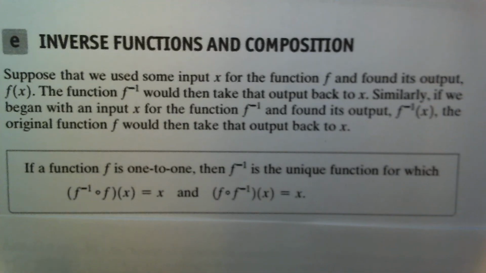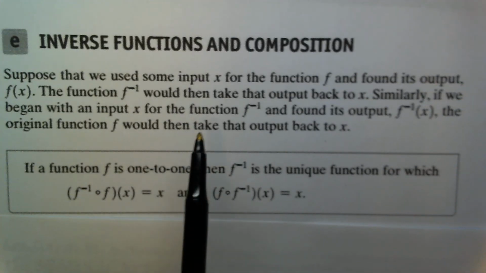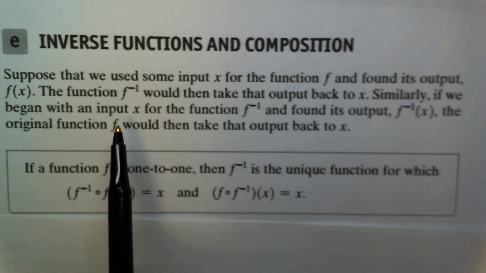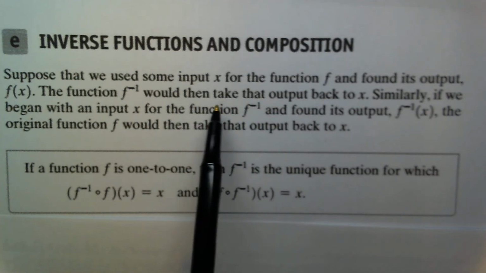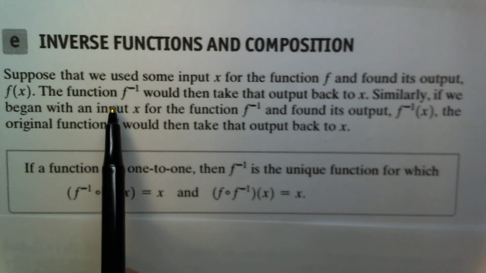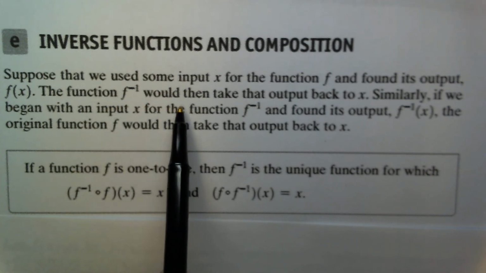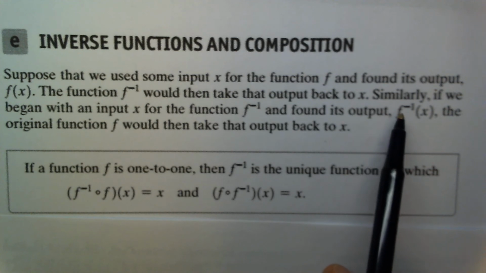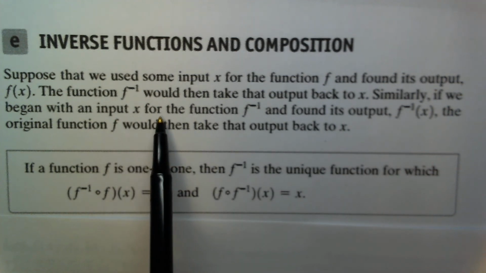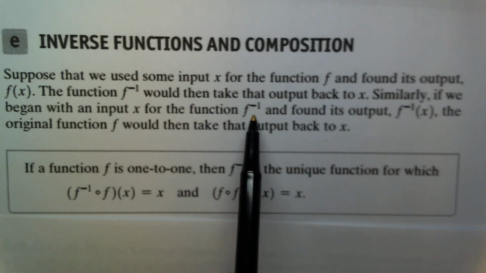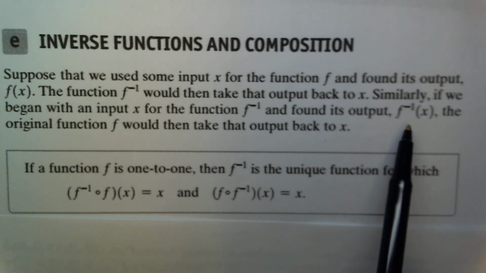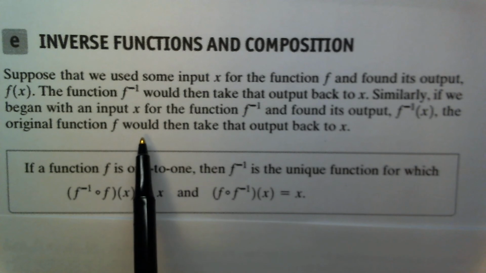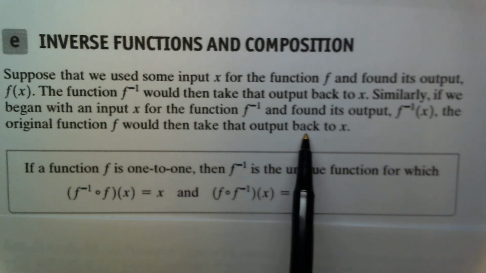Here's the connection between inverse functions and composition. Suppose we use some input x for the function f and found its output f of x. The function f inverse would then take that output back to x. Similarly, if we began with an input x for the function f inverse and found its output, then the original function f would take the output back to x.